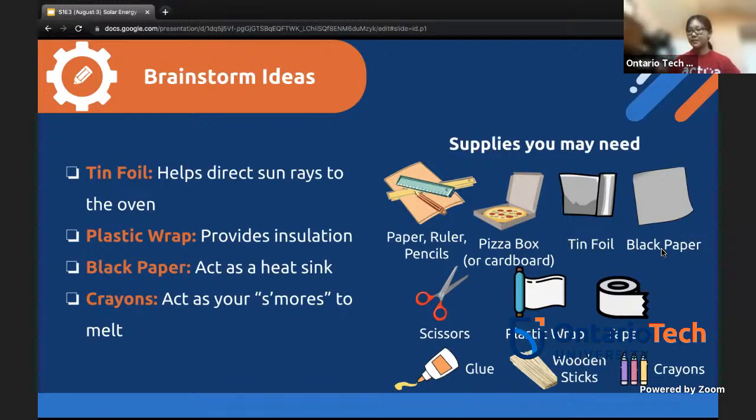And I'm going to set up my materials myself because I'm going to be building one with you guys. So once everyone has their materials, just type yes in the chat or give me a thumbs up reaction so I know we're ready to get started.